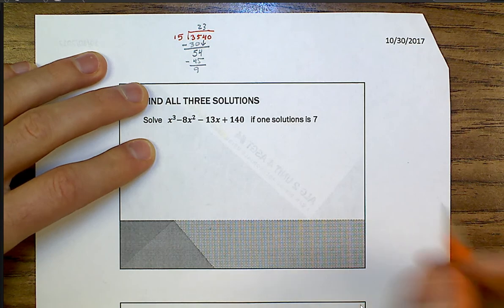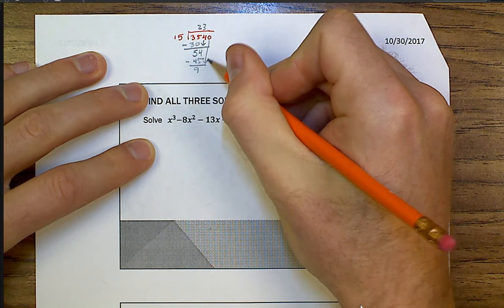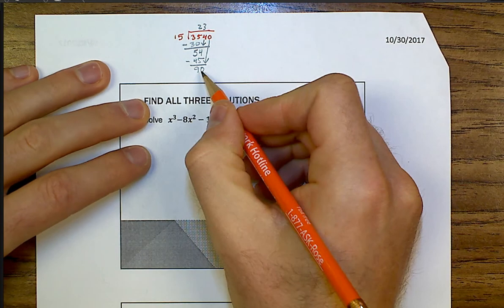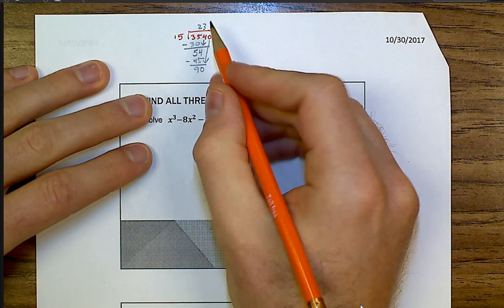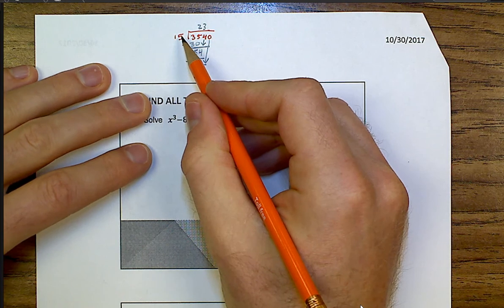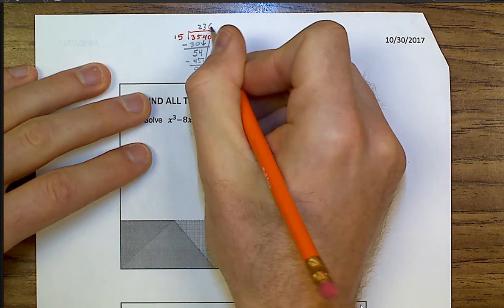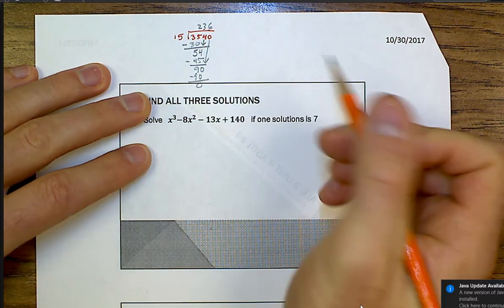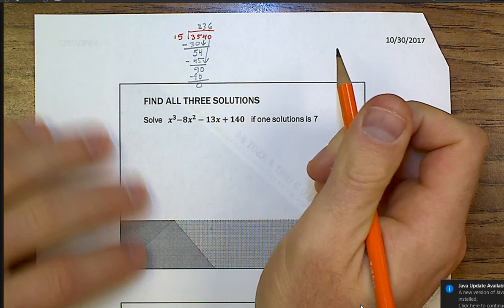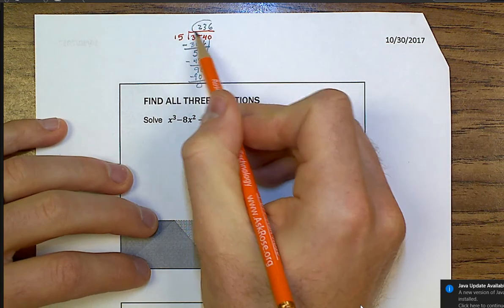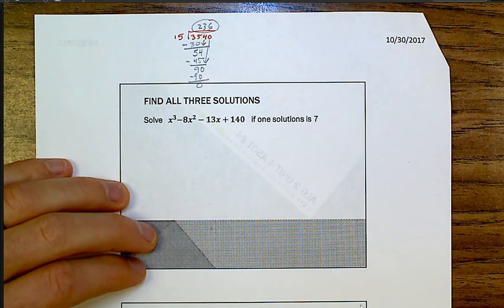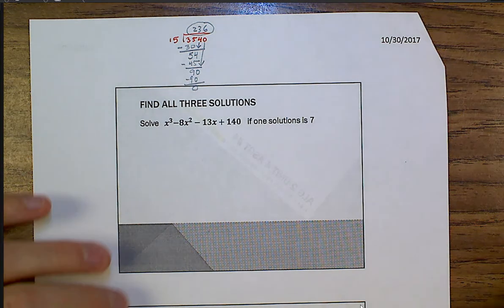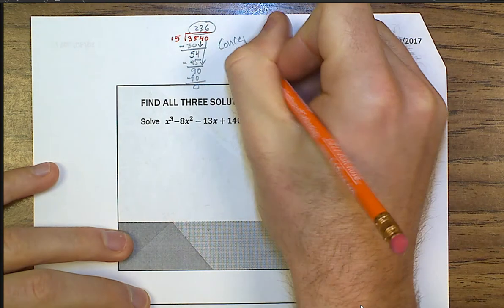Then you bring down your last digit, and you have 15 going into 90. 15 and 15 is 30, so that's going to be 6, and 6 times 15 is 90. You subtract those and get a remainder of 0. When you get a remainder of 0, you know your answer is good and there's no remainder, so it's 236.